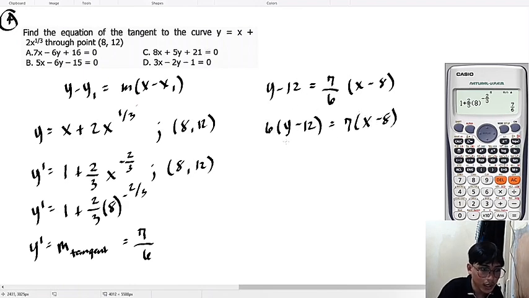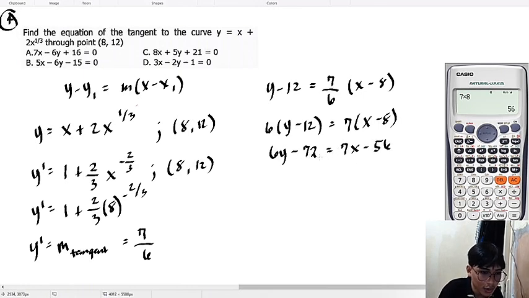Simple algebra. So we distribute 6 and distribute 7. So we have here 6y minus 12 times 6 is 72, negative 72, and then 7 times x is 7x, and 7 times 8 is 56, minus 56.